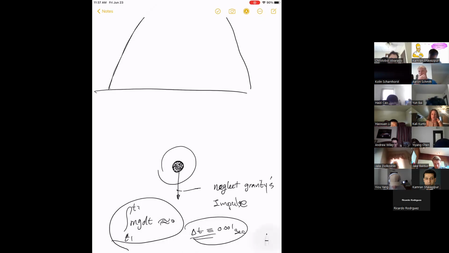Then you have large forces acting between them, and all those forces are internal, so they balance each other. So the summation of impulses is 0, right? If the summation of impulses is 0, that means the summation of m_i v_i1 should be the summation of m_i v_i2.